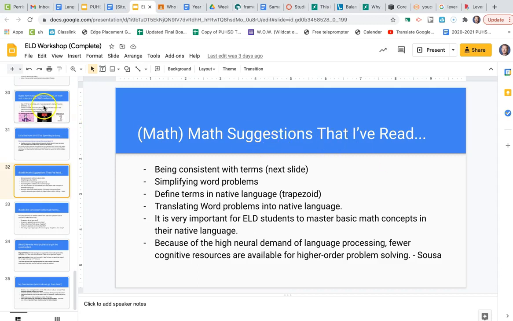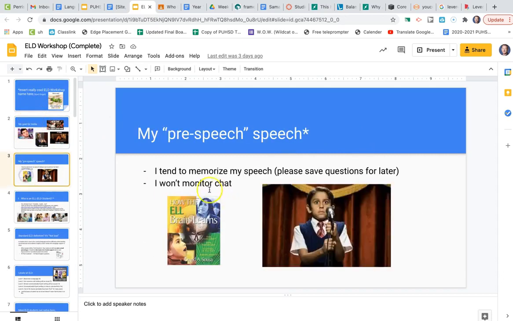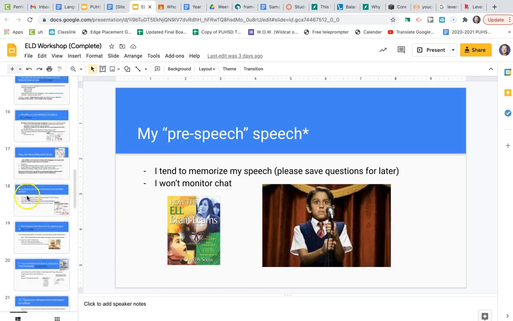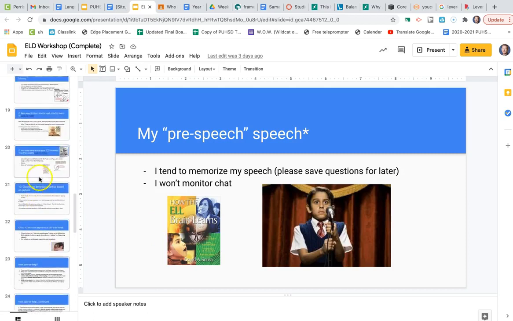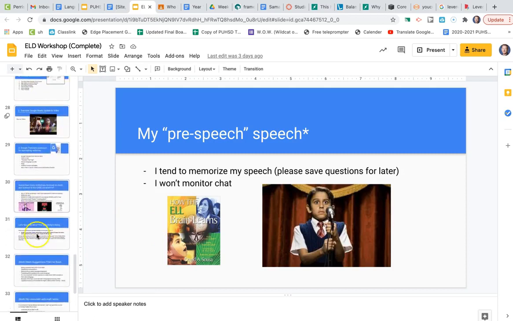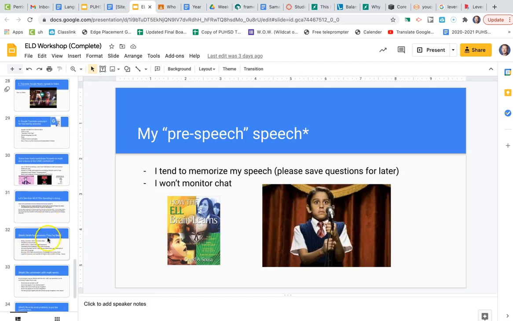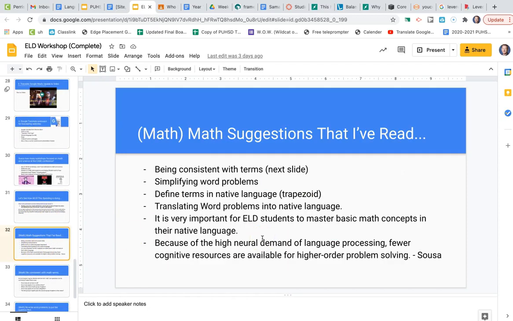I got it from this book, How the ELL Brain Learns by Dr. David Sousa. I don't think he's a full-time educator. I think he may teach a couple college classes. But here are his suggestions from a neuroscientist and a psychologist, though there may be some where you go, I can't really do that as an in-class teacher. I just wanted to share with you his suggestions.